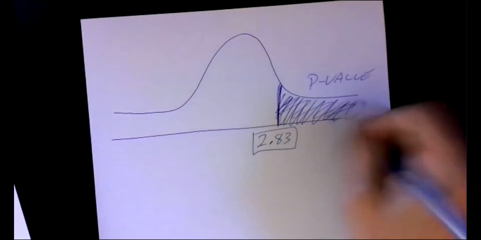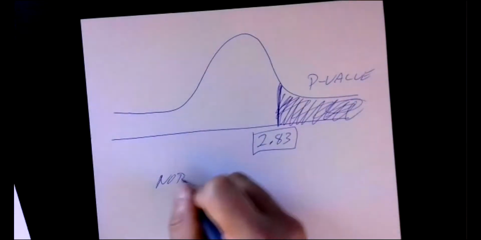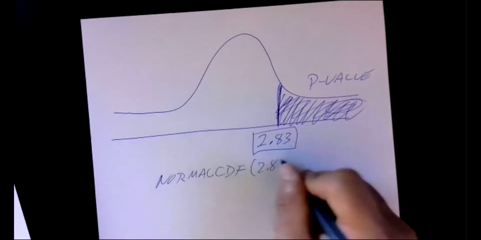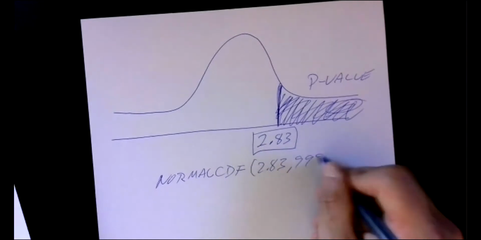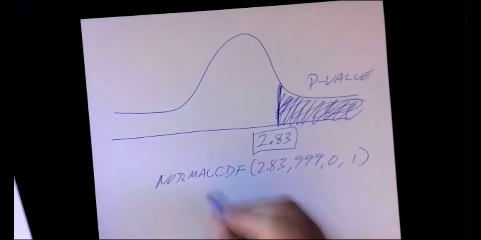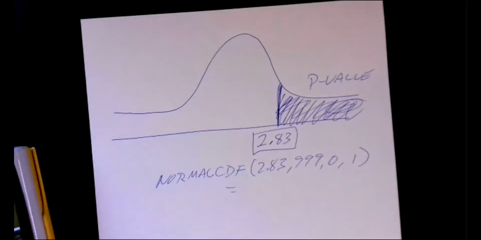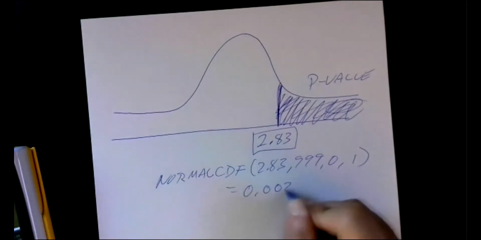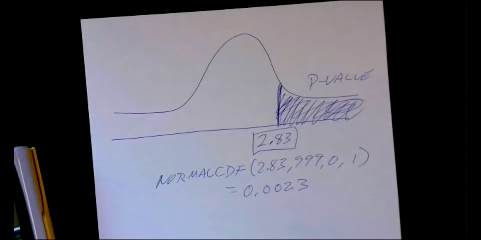We'll use normal CDF to find this area: 2.83, 999, 0, 1. We get 0.0023. So that's the p-value.